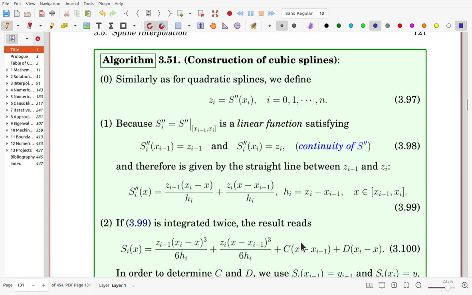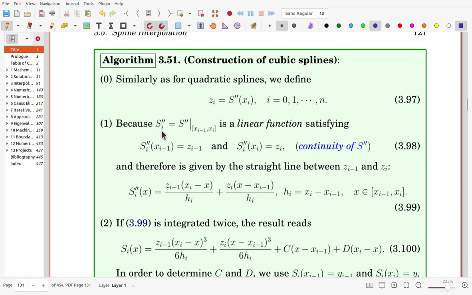Here we have the algorithm for the construction of cubic splines. Similarly as for quadratic splines, we define Zi as the same as S double prime at Xi. We'll decide later on this value.